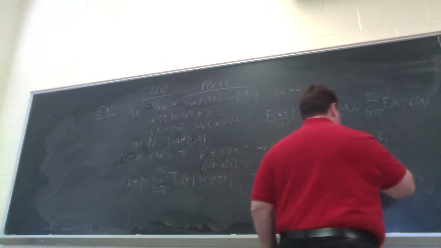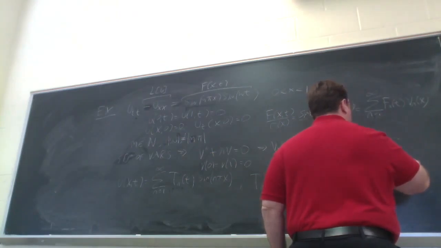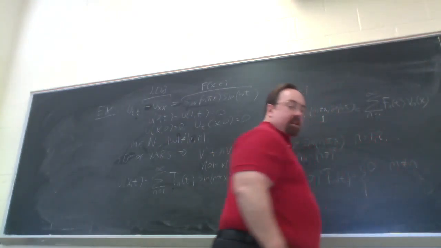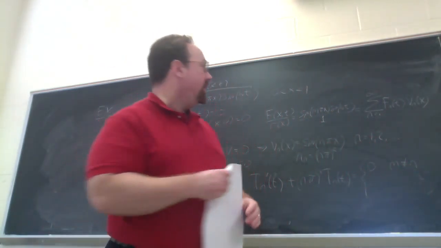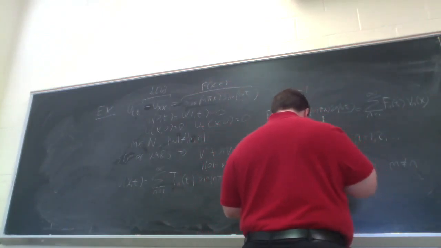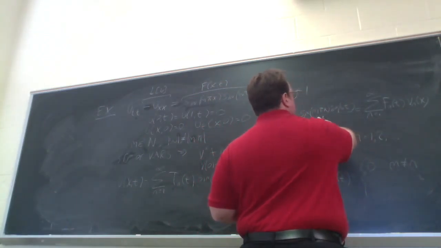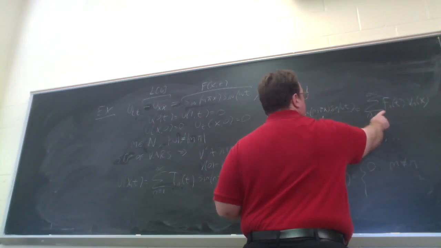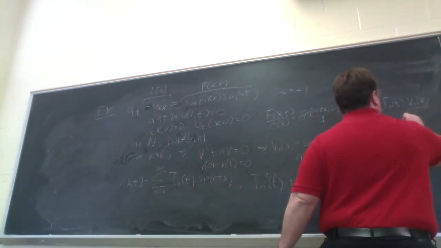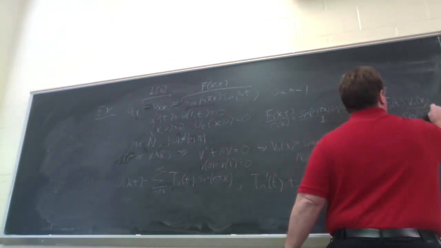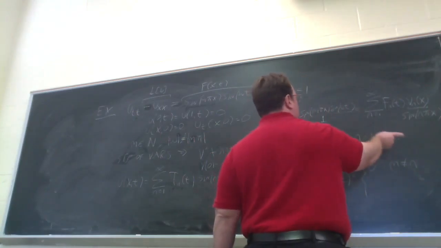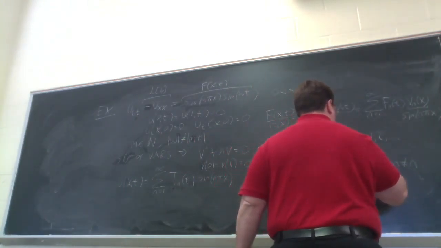So this right-hand side is going to be 0 when m is not equal to n. And when n and m are equal, we're just going to get what's left, sine omega t.